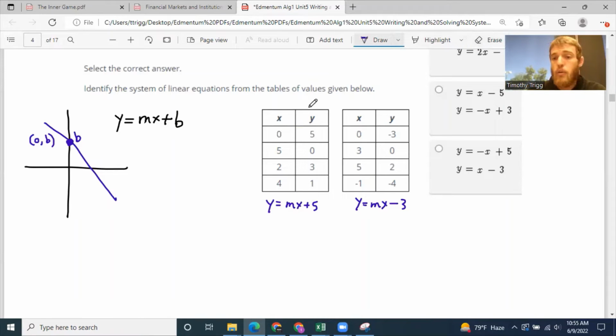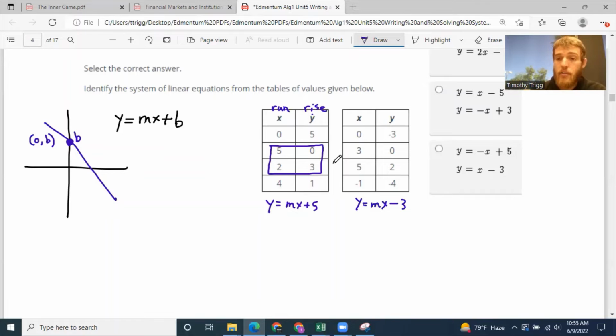So how can we find the slope? Well, what you can do is use any 2 points that they give you and calculate the rise and calculate the run. Let me just use these 2 points for this one, and you could use any 2 points from this, by the way. To calculate the rise, you look at the y coordinates. To calculate the run, you look at the x coordinates.